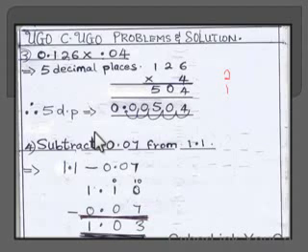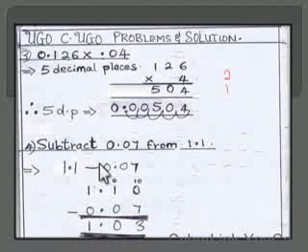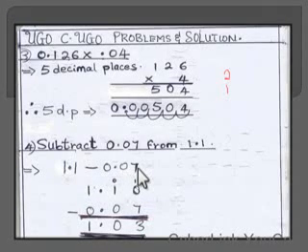Are you getting it? Take note of that. Number 4 question says subtract 0.07 from 1.1. The way we should have understood this question is that we are going to subtract 0.07 from 1.1. We put it down in this order, which means 1.1 minus 0.07. Look at what I'm going to do now.